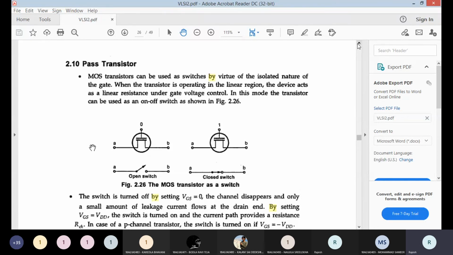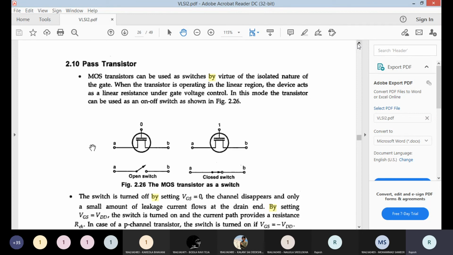This is NMOS acting as a switch. So you apply a source voltage V in as some 0 volts. In terms of logic levels we are covering here, VGS is 0 volts means it is an open switch.